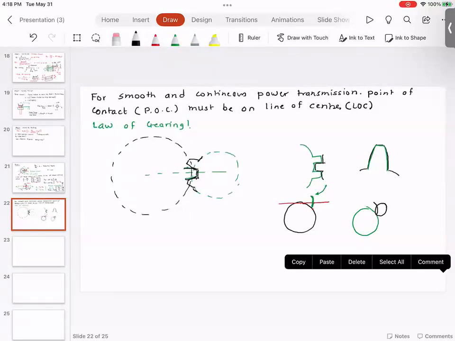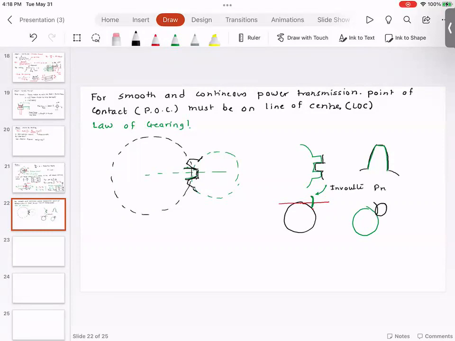When you have a line tracing the profile on the circle, it is called the involute profile. If you have the circle tracing the profile, it is called the cycloidal profile. So there are 2 types of gears: involute gears and cycloidal gears.